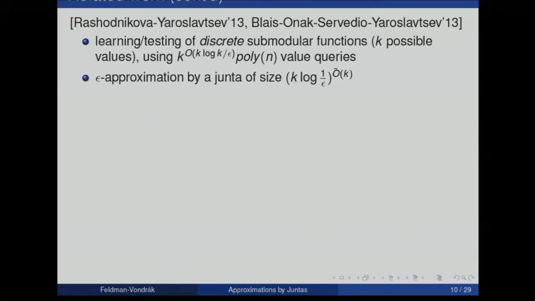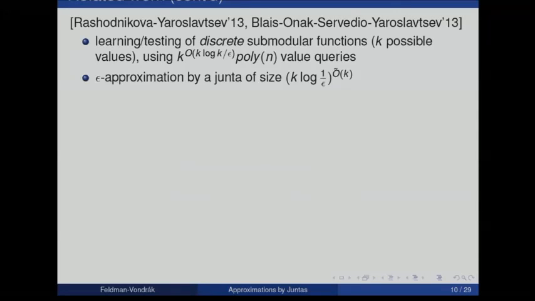Following that, there was this line of work on discrete submodular functions. So what that means is functions that are only allowed to take values from some discrete set like multiples of 1 over k. I'm mentioning it here mainly because they were the first who proved the existence of some sort of junta for these functions.